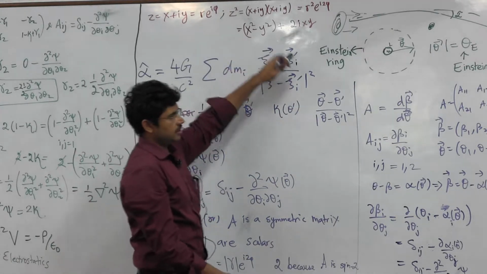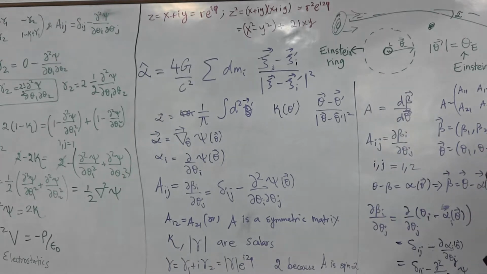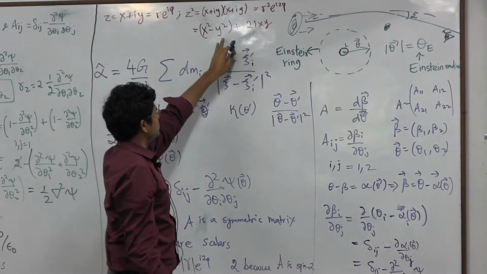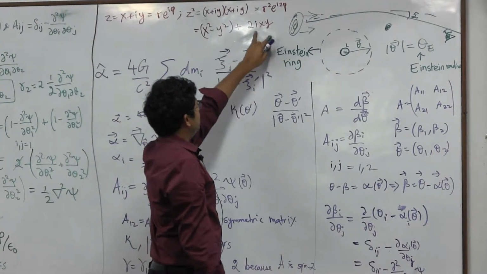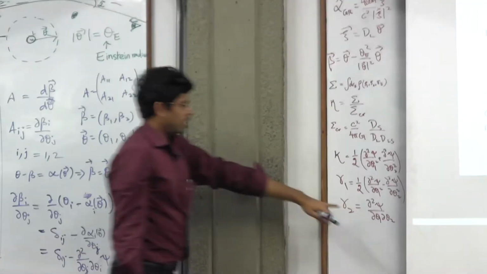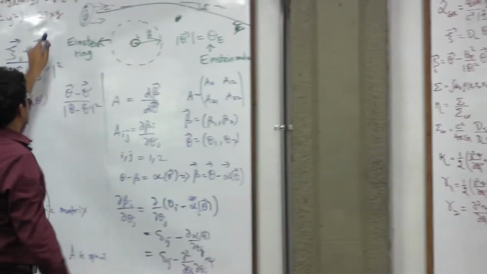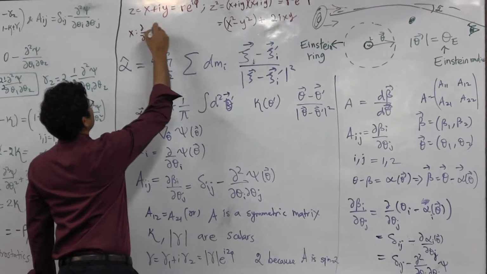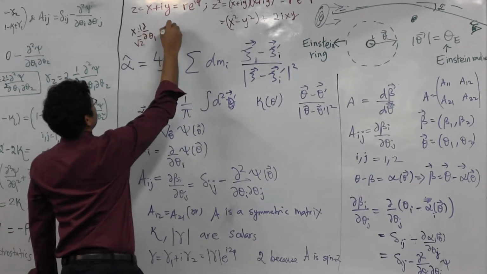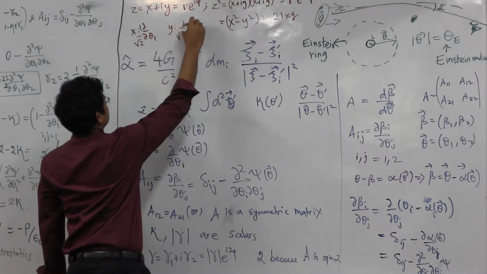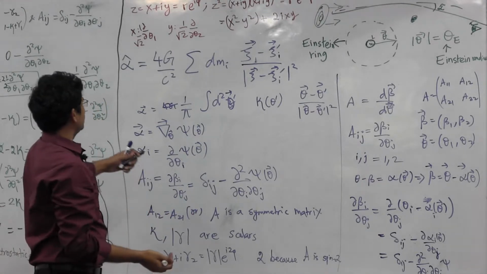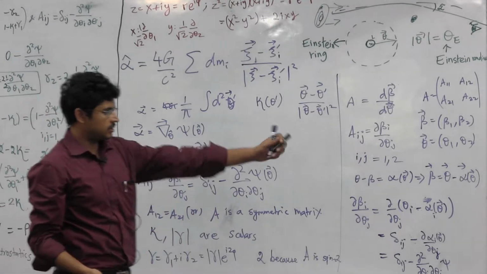It's the derivative with respect to theta 1 squared minus derivative with respect to theta 2 squared, and gamma 2 is like the cross derivatives theta 1 and theta 2, just like x and y. So there's an equivalence between complex numbers and these gammas.